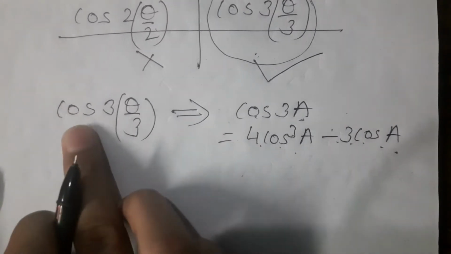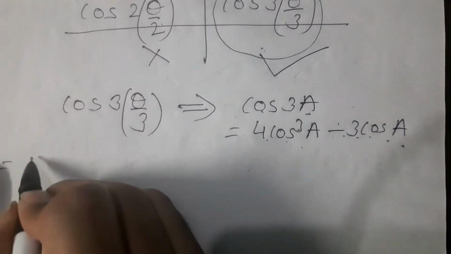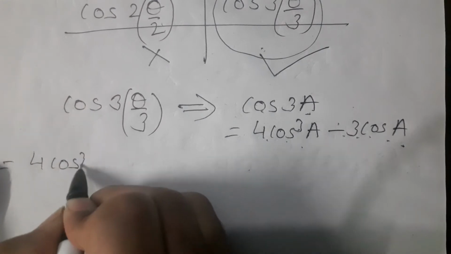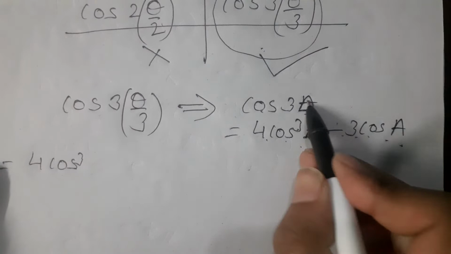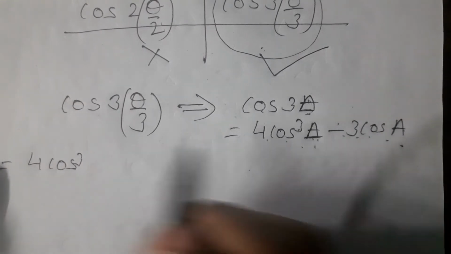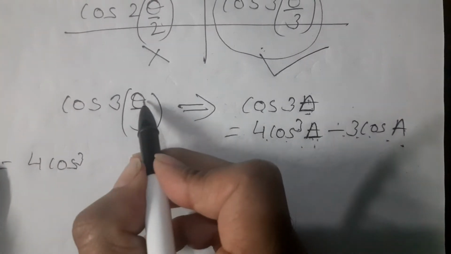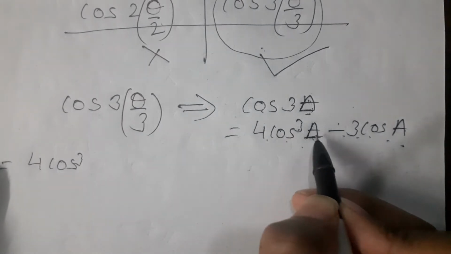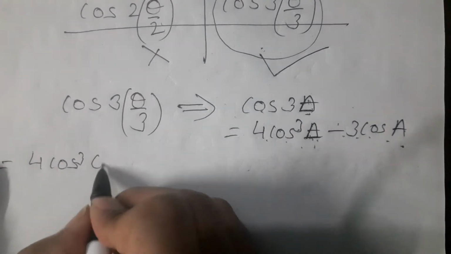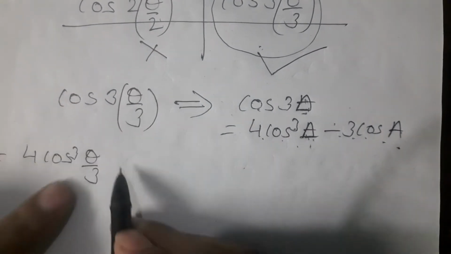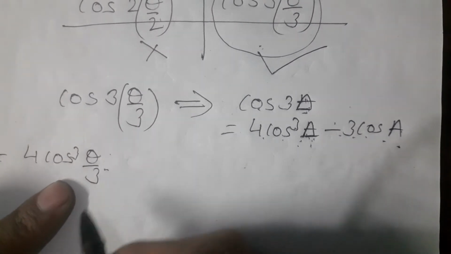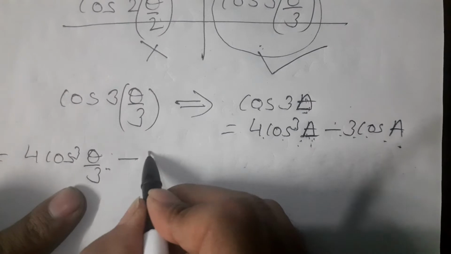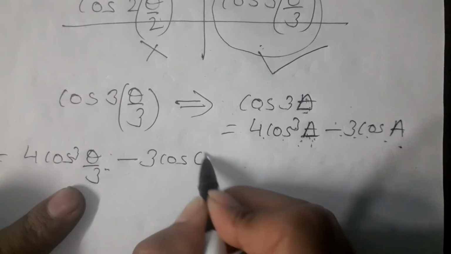So that means cos 3 theta by 3 is going to become 4 cos cube. Here a means a, it has not been changed. In place of a in our original expression there is theta by 3. So instead of a I'm going to write theta by 3. In the formula it was a, now here it is theta by 3, and so this also becomes 3 cos theta by 3.